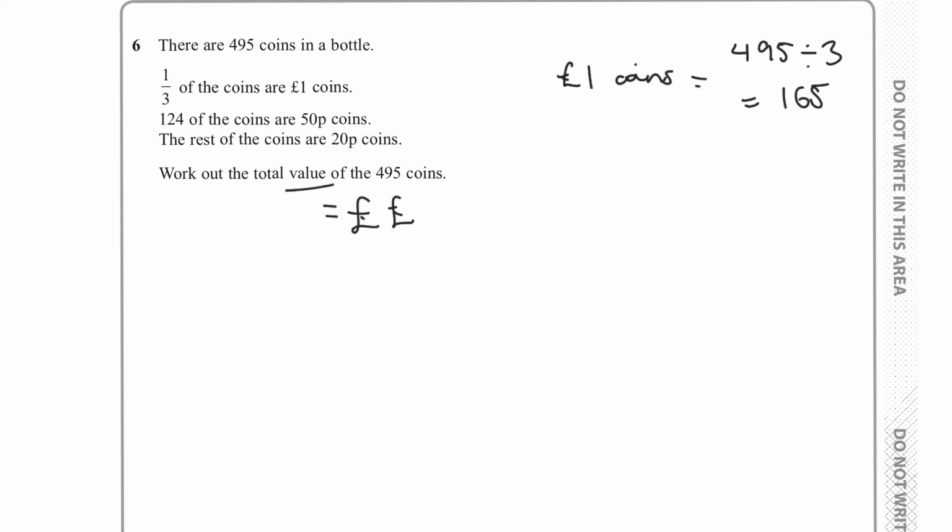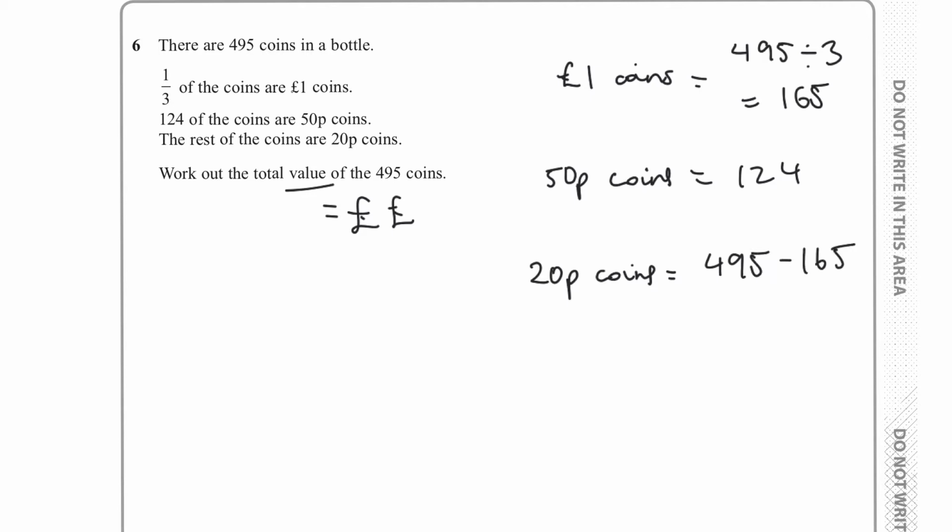So you have 165 £1 coins. Then in terms of 50p coins, it's given us the number. We've got 124 of them. And then 20p coins is the rest. So in order to work out the rest, you need to do the total, which was 495, take away 165, take away 124. That should give you an answer of 226 20p coins.